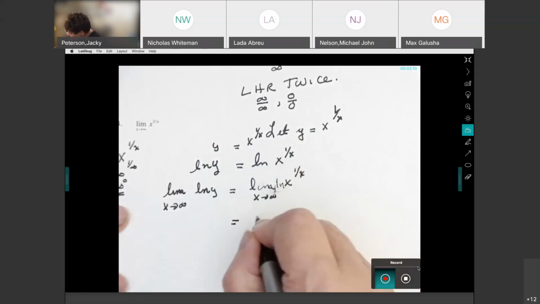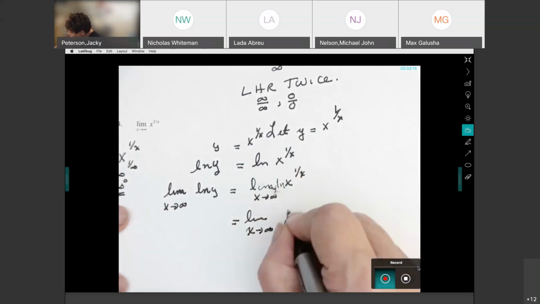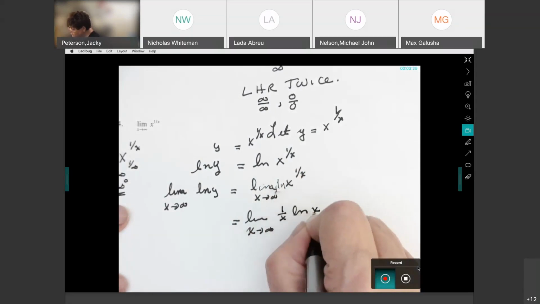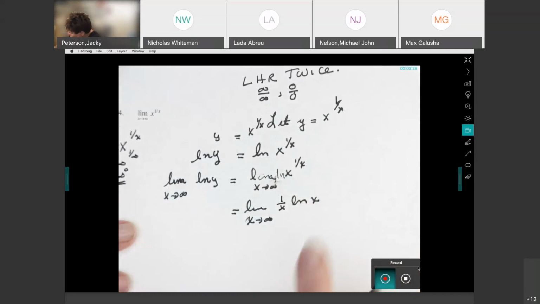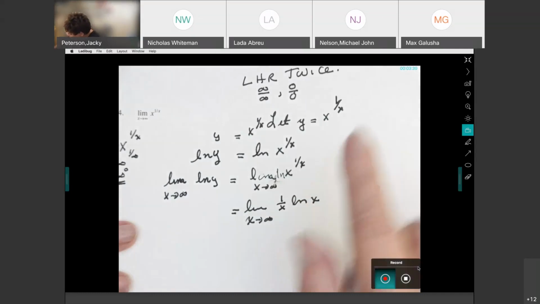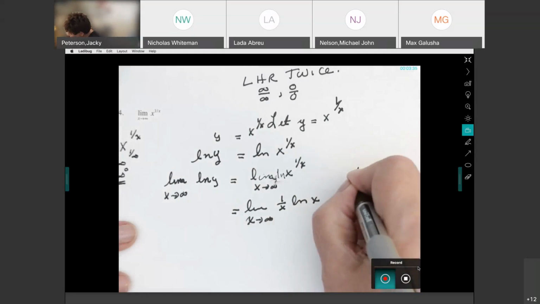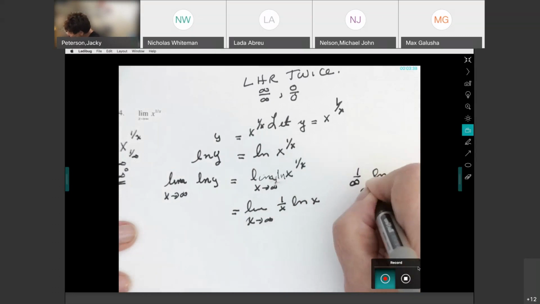This is the same as the limit as x goes to infinity of 1 over x times the natural log of x. Well, if I put infinity in, this is 1 over infinity and this is the natural log of infinity. Now I have a 0 times infinity form.